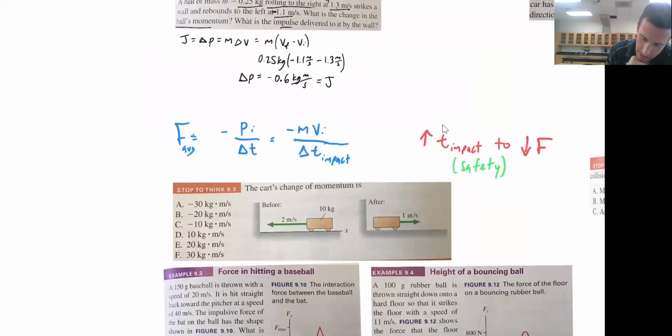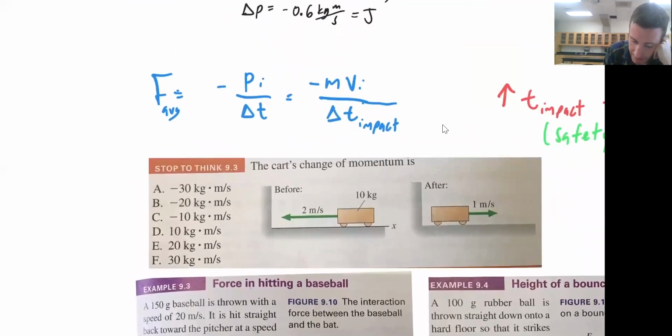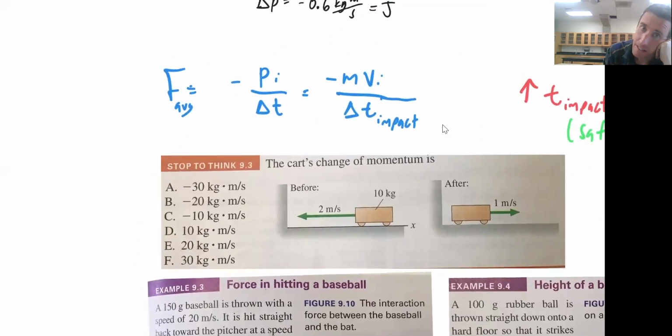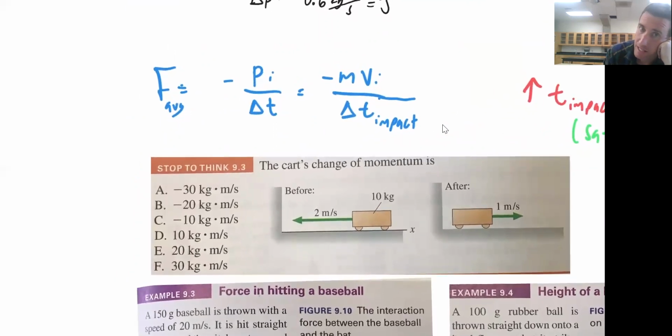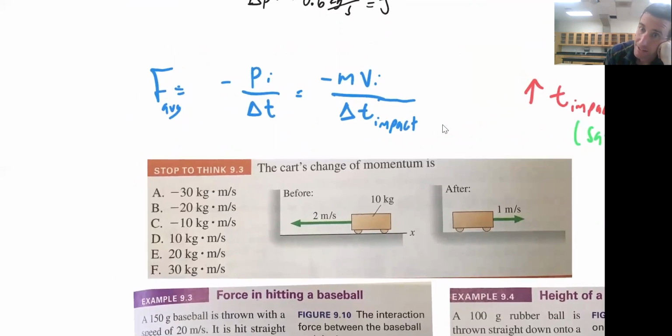Other things that we know. So I could also say that the average force is the change in momentum over the change in time. That's momentum equals impulse, solve for force. So force is momentum over time.